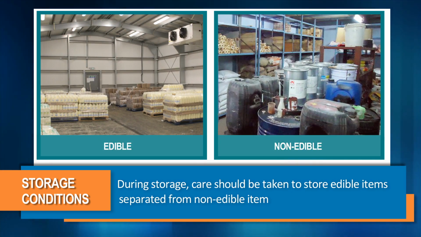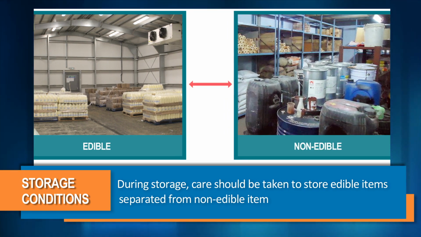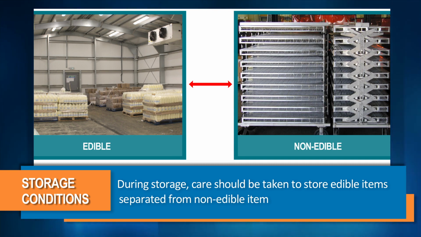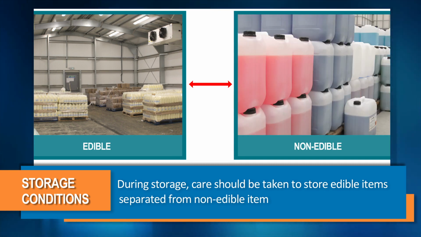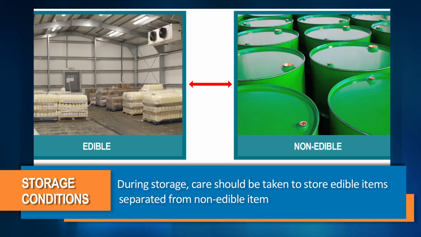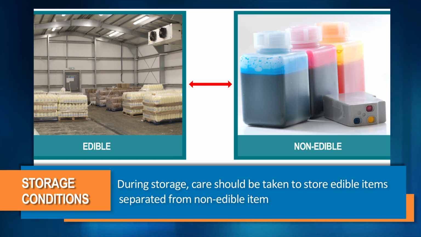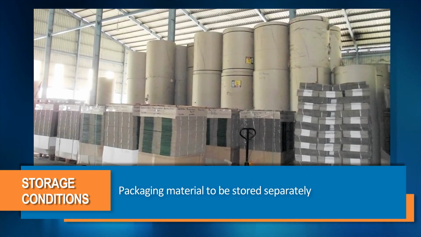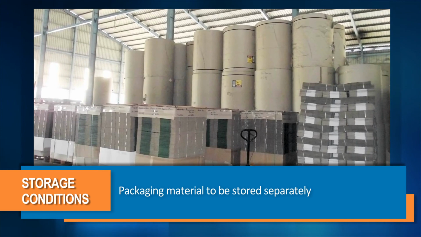During storage, care shall be taken to store edible items separated from non-edible items such as stationery items, machinery, cleaning chemicals, lubricants, printing inks, etc. Packaging material shall also be stored separately.